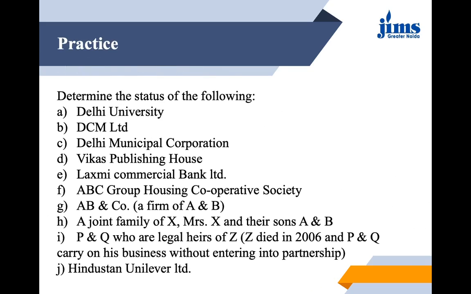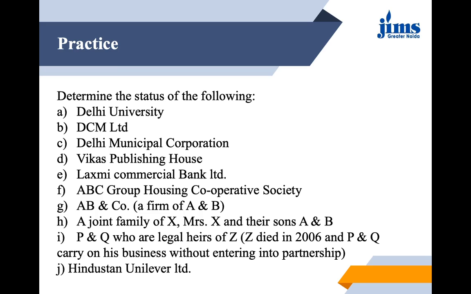Now let us take an example through this practice question and see how things happen. Let us determine the status of these one by one. First of all, Delhi University. If I check from 1 to 7, it's not an individual, not an HUF, not a company, not a firm. Is it an association of persons or a body of individuals?